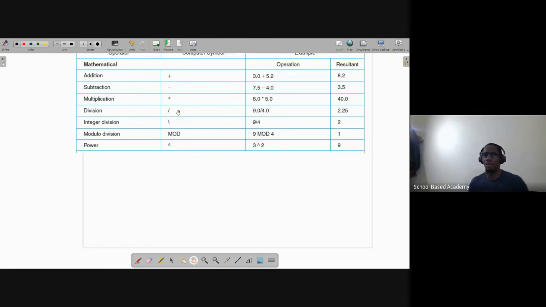So we have what is called real number division, integer division, and then modulo division. Can I assume that everybody is good with addition, subtraction, and multiplication? These are the examples here, right? Yes. Kian is confirming. All right.